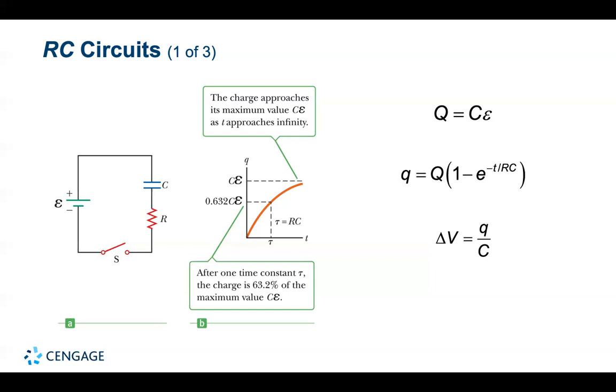So we have an exponential relationship that we're starting to explore. The figure on the right is a graph of this equation. The charge is 0 at t equals 0 and approaches its maximum value Q as t approaches infinity. The voltage delta V across the capacitor at any time is obtained by dividing the charge by the capacitance.